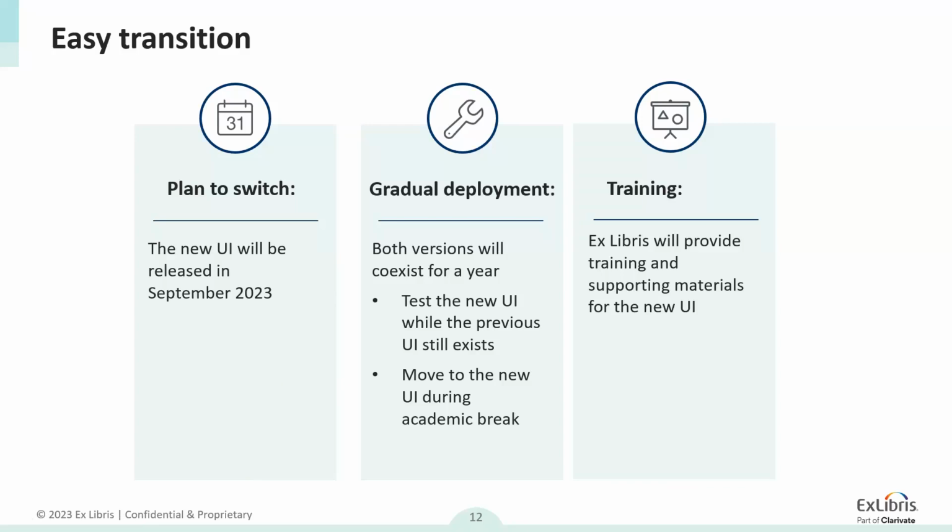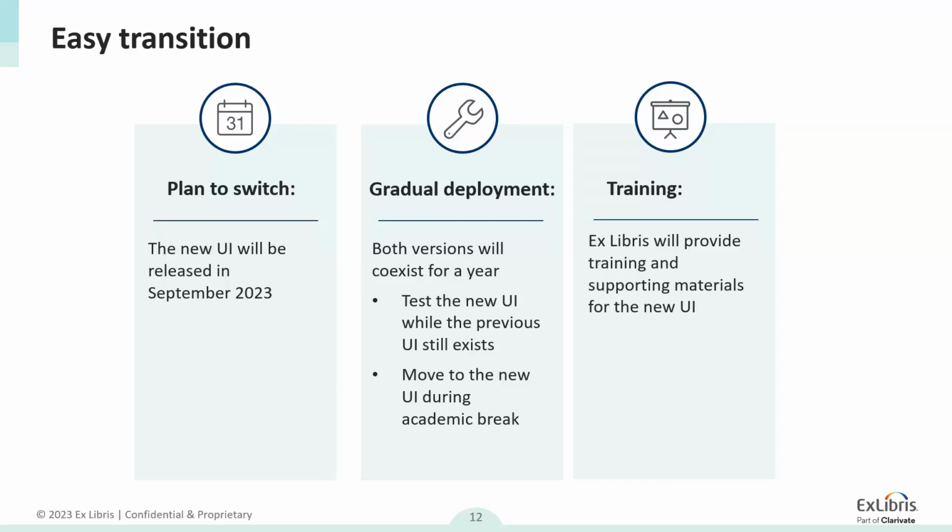Also, we will have gradual deployment. It means you can choose your own pace. You can look at the old UI while looking at the new UI. Starting from September, you will have both versions available. Your users will use the old UI, and you will have the option to set the new UI for yourself, so only you will see the new UI when you do your work, while your users will not.